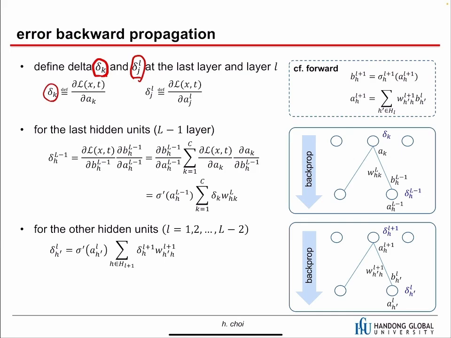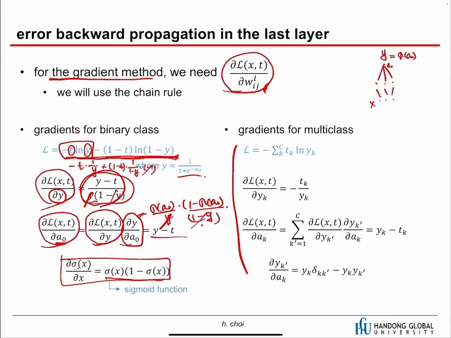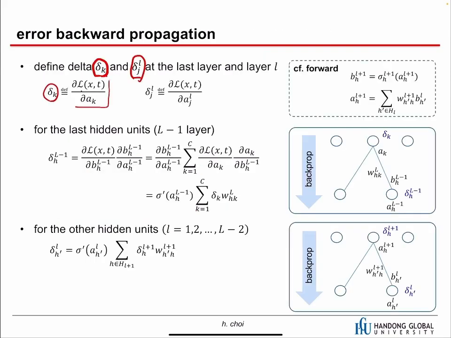Delta k is the derivative of this loss function with respect to a sub k. We calculate this one from the previous slide, so we know how to calculate it. And delta sub j to the power of L is defined by this term too, at layer L.